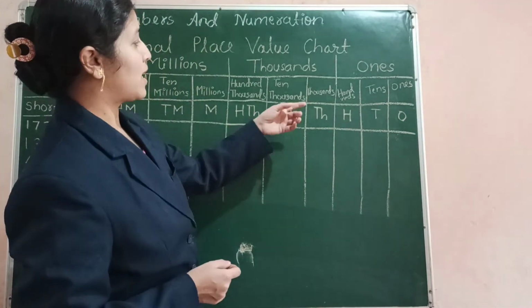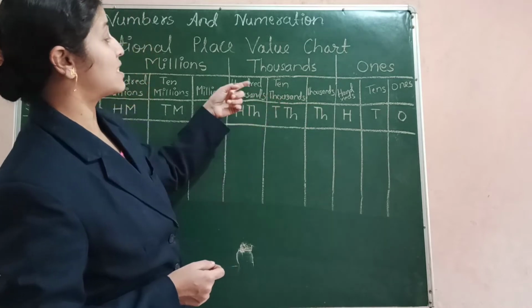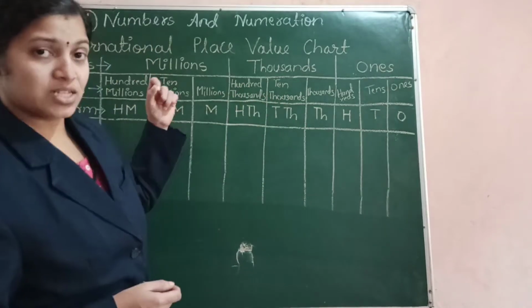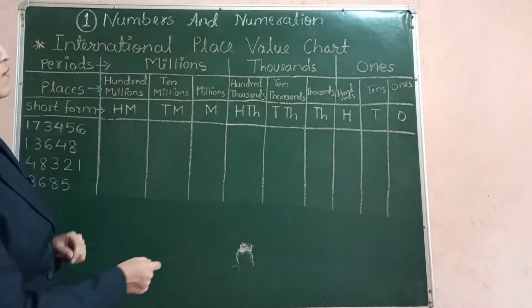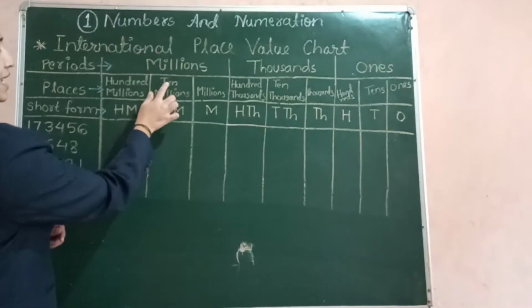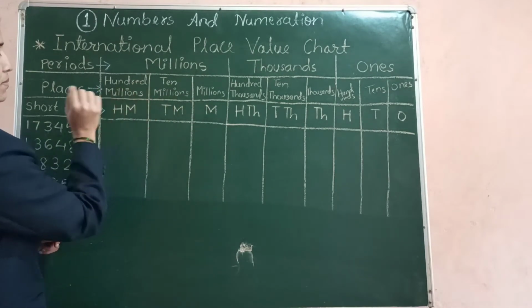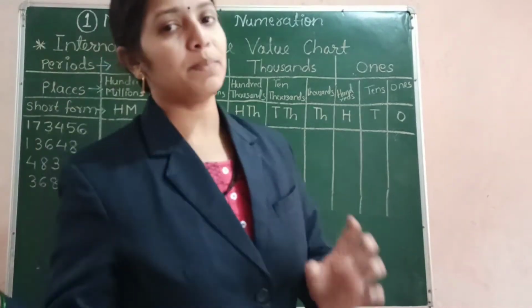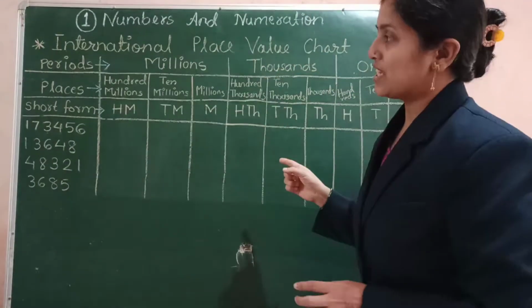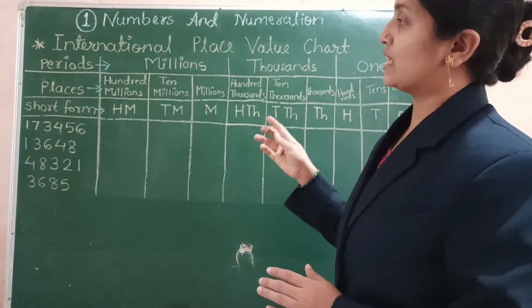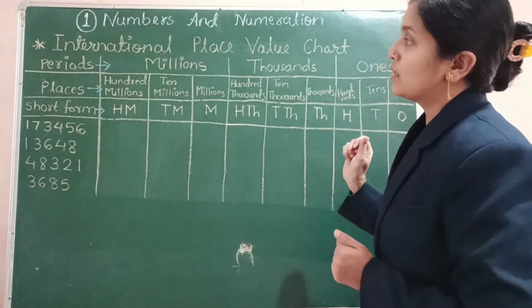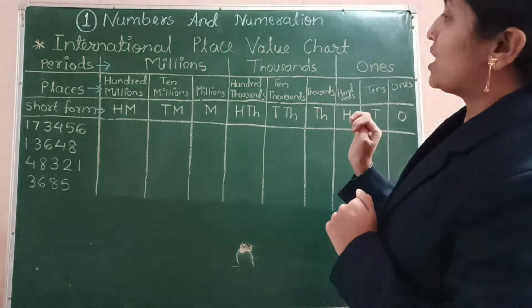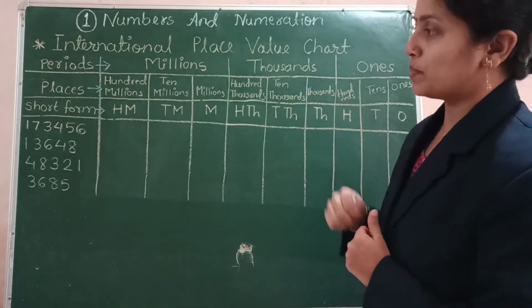In thousands we have thousands, 10,000s and 100,000s. Whereas in millions we have millions, 10 millions and 100 millions. So there is a slight change in the periods and in the place values included in these periods.